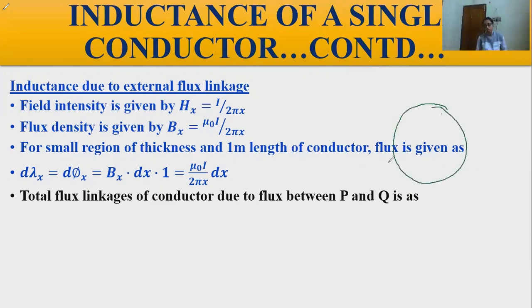Same as before, we are considering here the conductor having radius r and carrying current I. We are considering here the cross-sectional view, and we are considering here the 2 points P and Q, at distance D1 and D2 respectively.